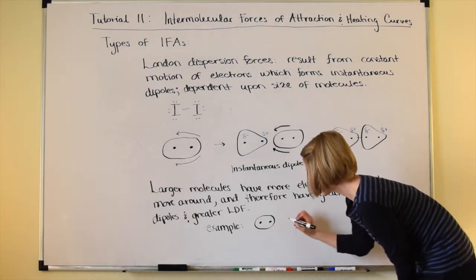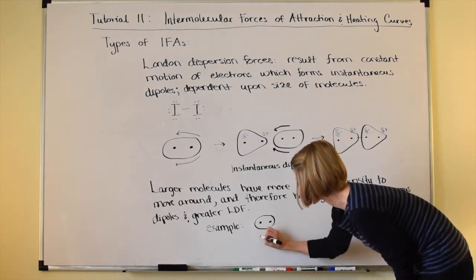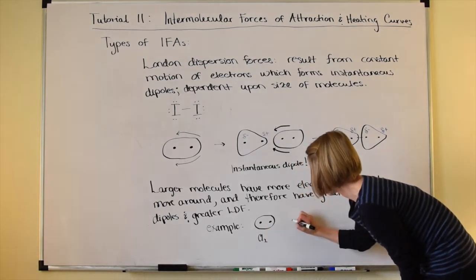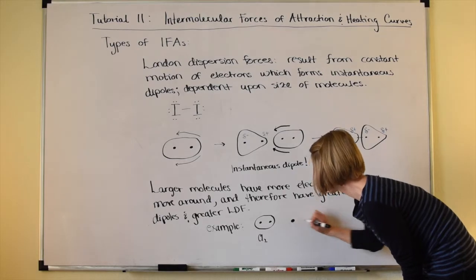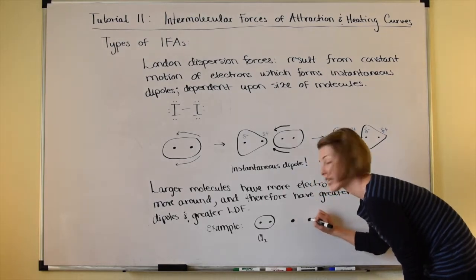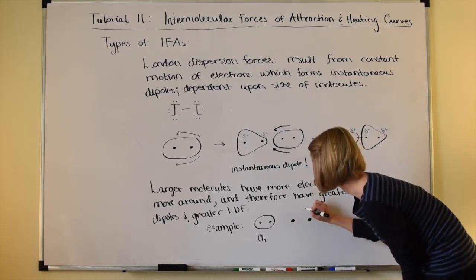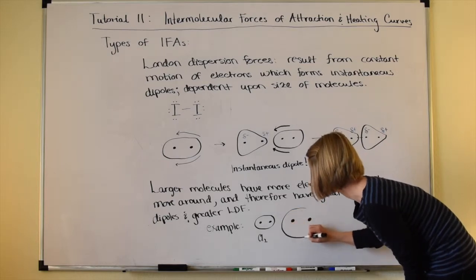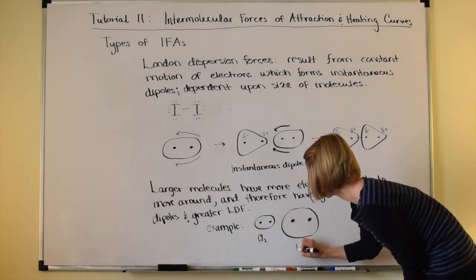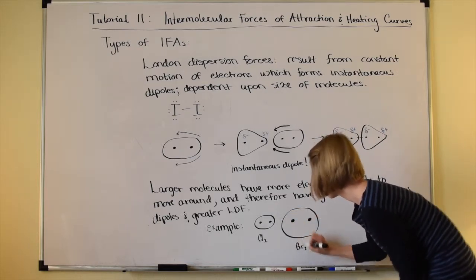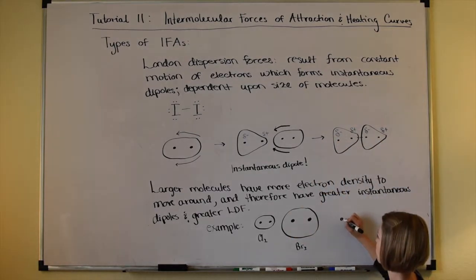Okay. And then let's look at bromine. So this is supposed to represent Cl2. I'm going to make bromine bigger. You can look at the periodic table and you can prove to yourself that bromine would be bigger than chlorine. And then iodine would be the largest one of all these three.